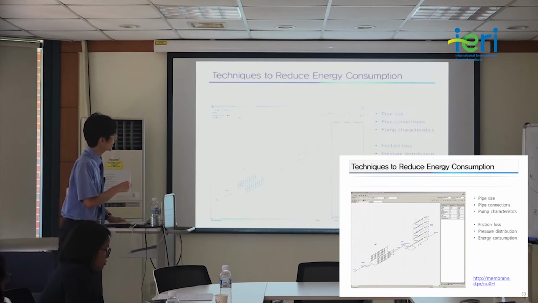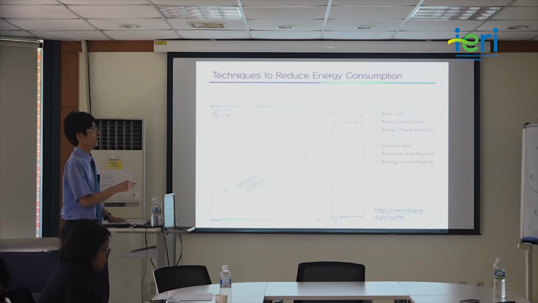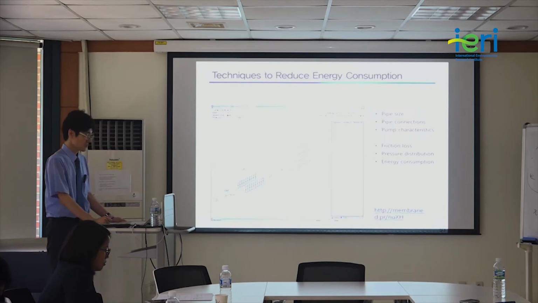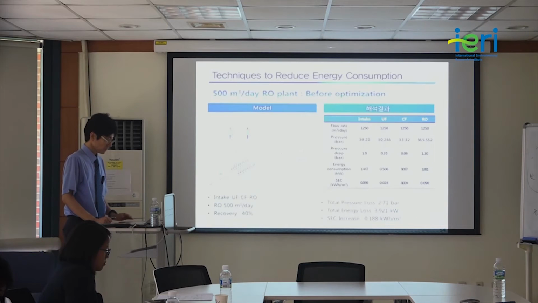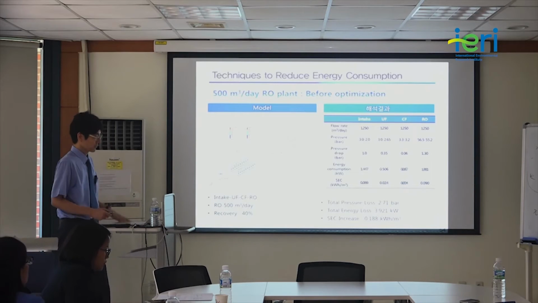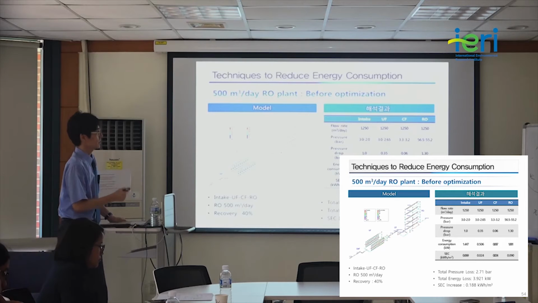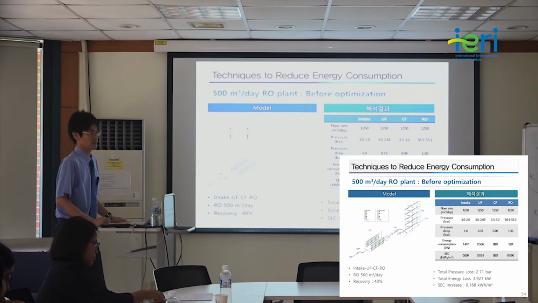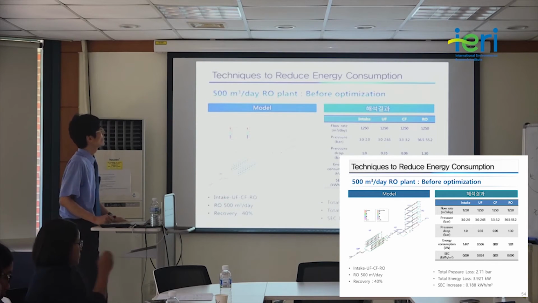So if you select one pipe in a system, we can actually know how much pressure is in this pipe and how much flow rate is in this pipe. And then again, we can calculate the energy consumption. This is just a case study, so you can take a look at that.